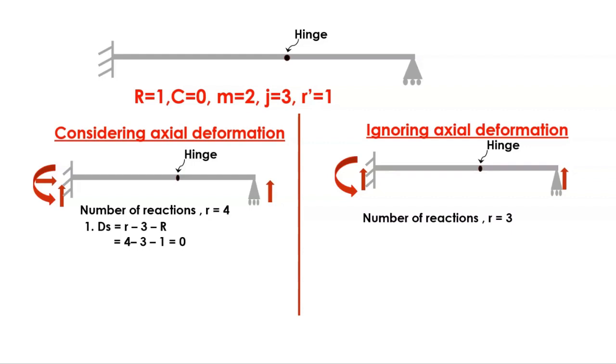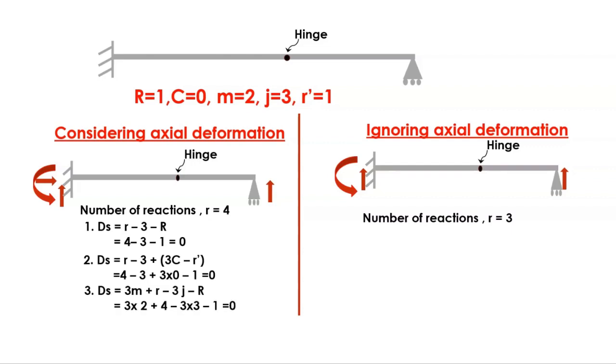Now using the formula ds equals r minus 3 minus capital R, we get the value as 0, using the second formula also 0, and using the third formula also 0. When we ignore axial deformation we get 0 from the first formula and 0 from the second formula. So we got the value 0 in both cases, when we consider axial deformation and when we ignore it.